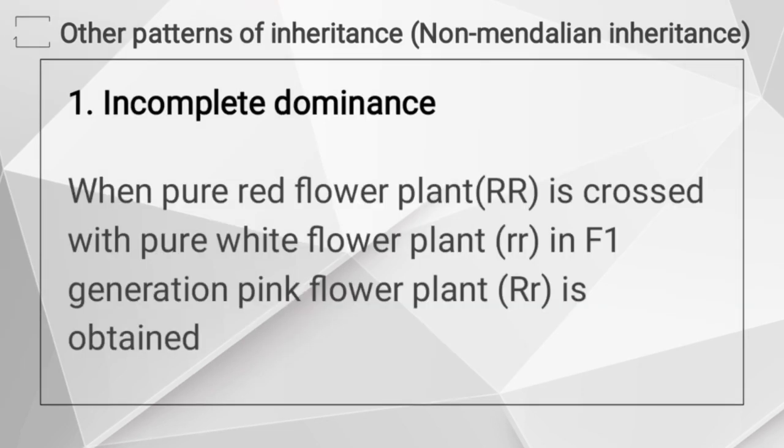When a pure red flower plant is crossed with a pure white flower plant, in the F1 generation, all pink flower plants are obtained.